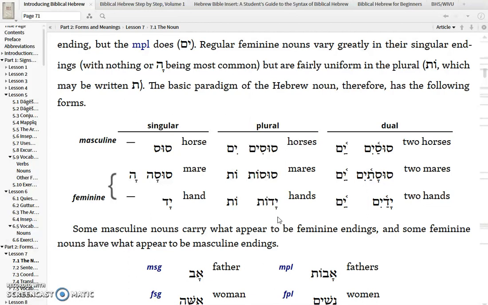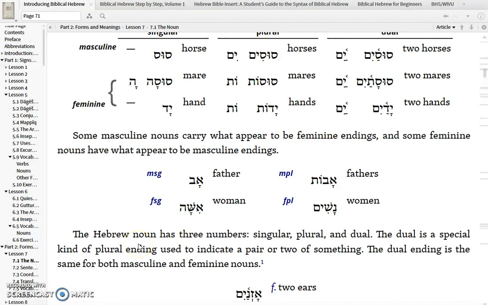That would be hands, plural. But if you want to talk about a person's hands, a pair of hands, then it would be yadayim. So take yad, add the ayim to it, and you get yadayim. That means two hands. And you can do the same thing with ear, ozen, which becomes oznayim, and other body parts will do the same thing.